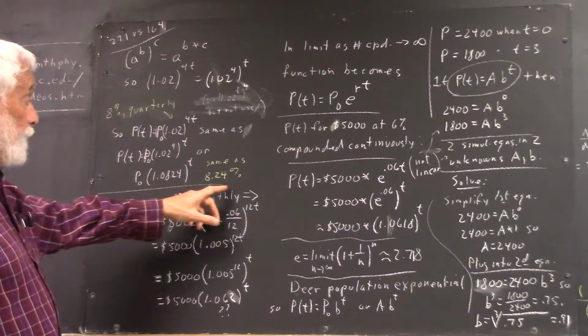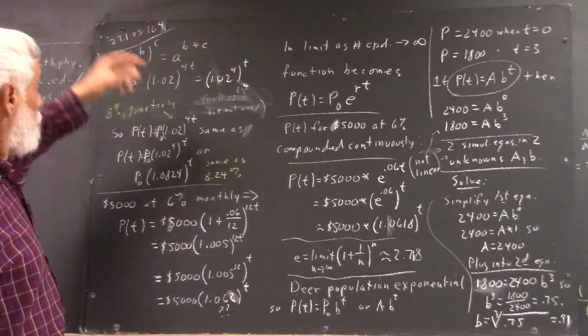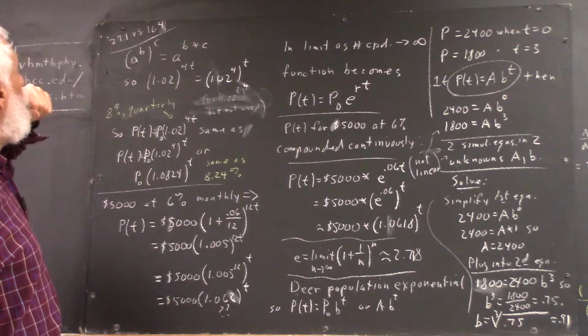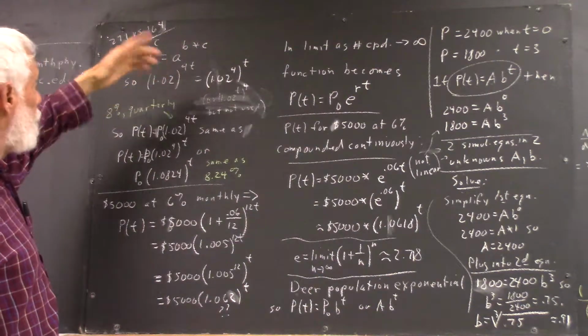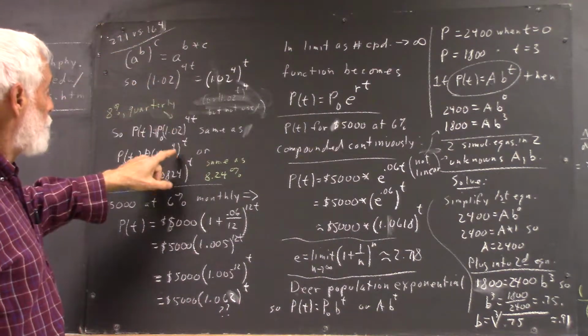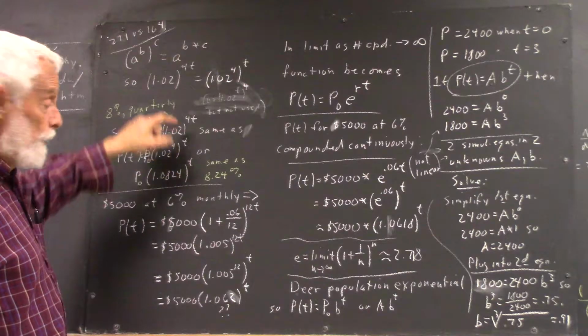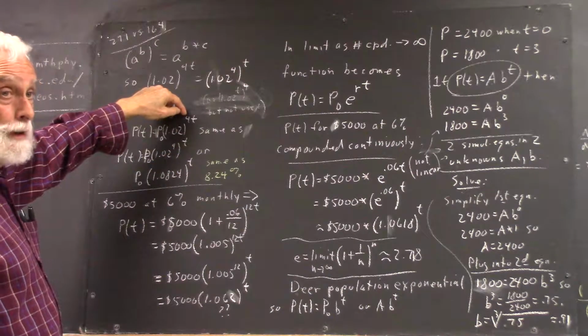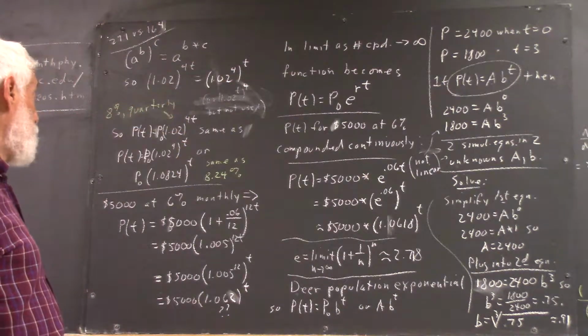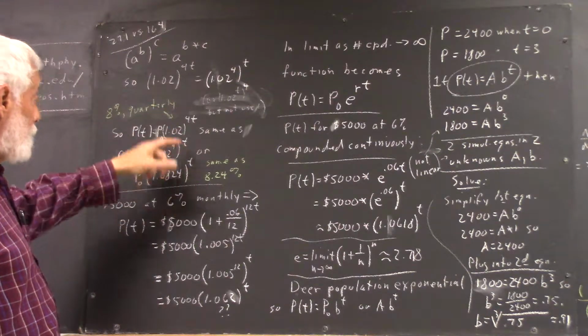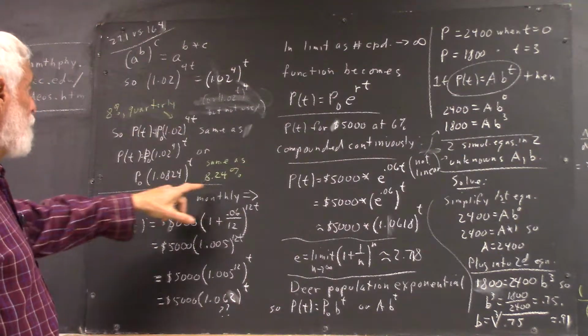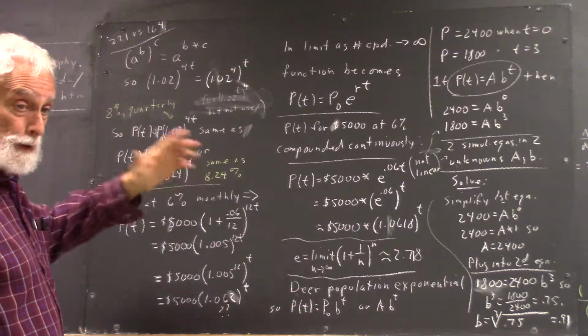So hopefully we understand that this function here represents 8% compounded 4 times a year, compounded quarterly. And that then is the same as getting 8.24% compounded annually.